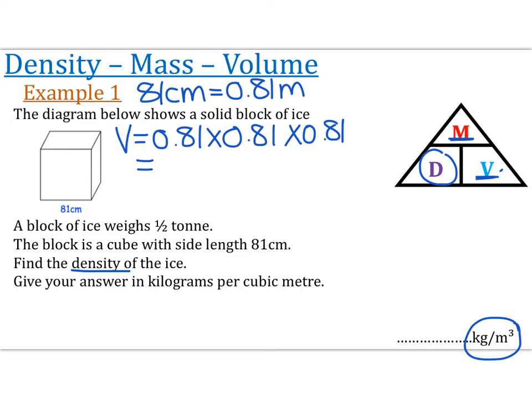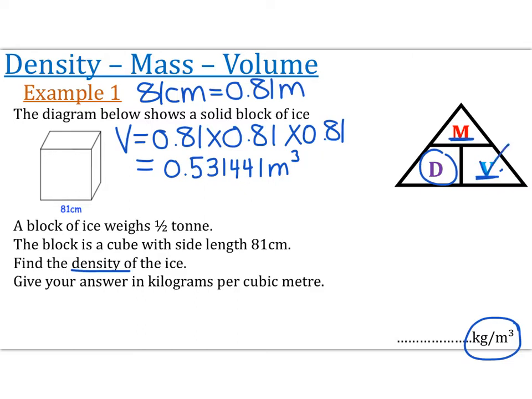I'd love to tell you I can do that in my head, but no. 0.81 to the power of 3 is 0.531441 meters cubed. It's in meters because I converted everything into meters. Don't worry that it's a long decimal. We'll deal with that in a minute.